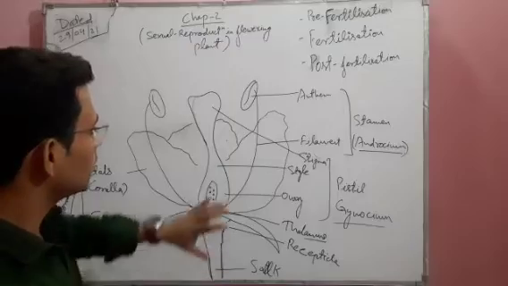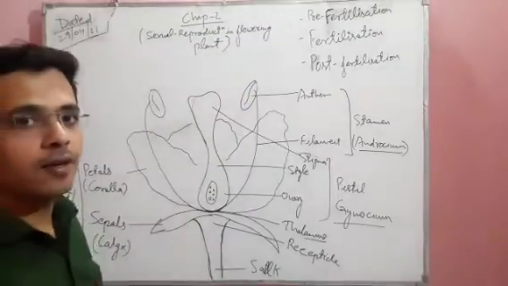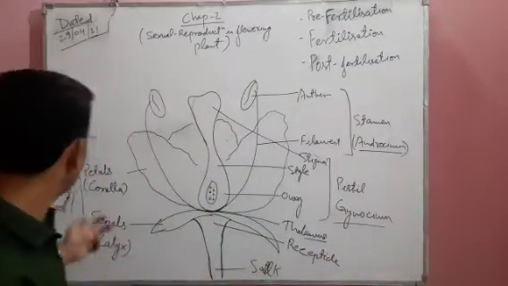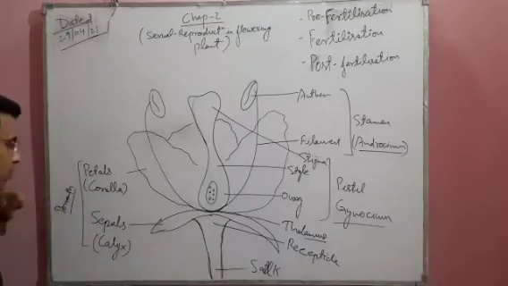So these are the parts of the flower. As you can see here, the four major parts of the flower are androecium, gynoecium, calyx and corolla. Calyx and corolla group together are called perianth.